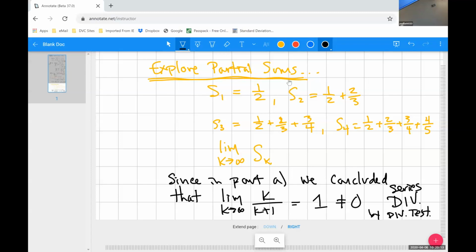Because the divergence test says if the terms in the series don't go to 0, the series has to diverge.